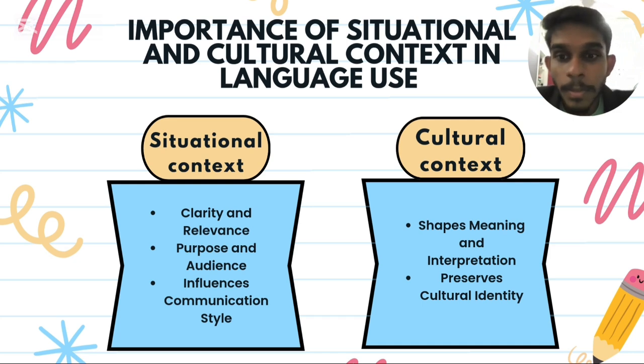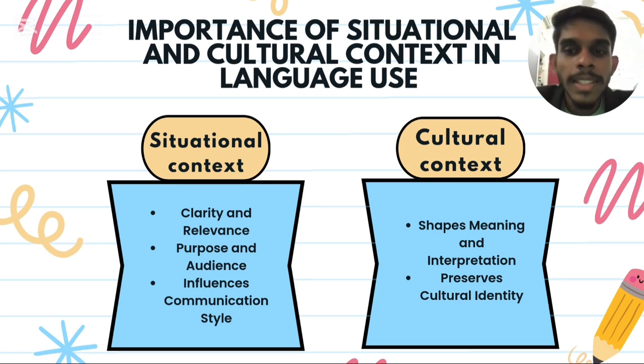Expressions that are appropriate in one culture may be misunderstood or even offensive in another. For example, in some cultures, direct eye contact is seen as a sign of respect, while in others it may be considered confrontational.